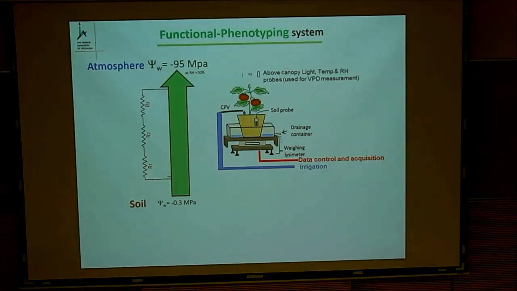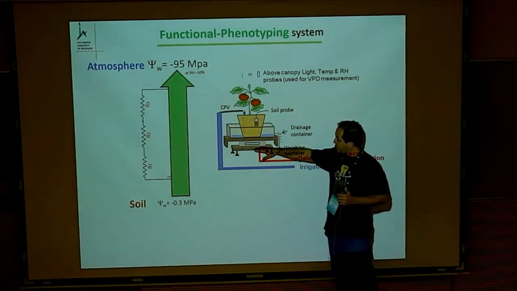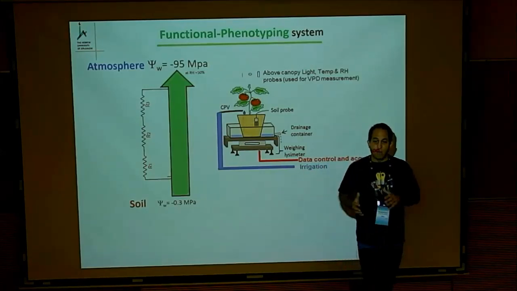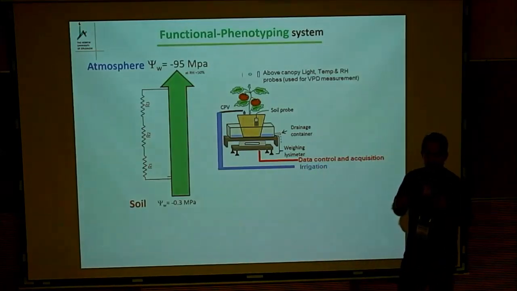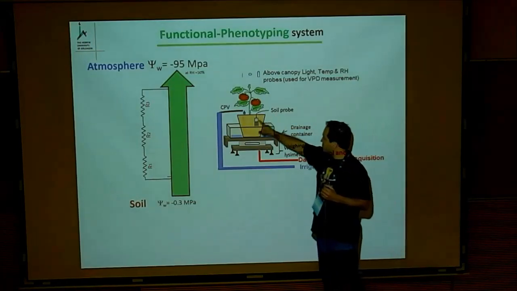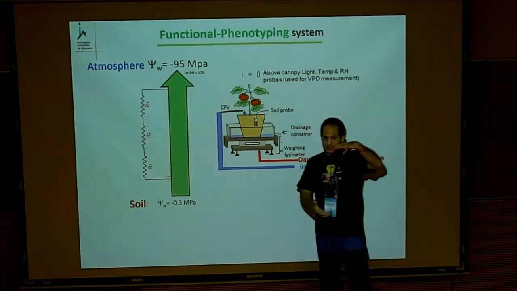So the system is based on 3 sensors at least per plant. A very specialized lysimeter. It's a balance, which was well designed first to work in a greenhouse, but also to give very low noise levels, because the data we need must be very accurate. We work with soil sensors, so each pot also has soil sensors, and VPD stations above the canopy.